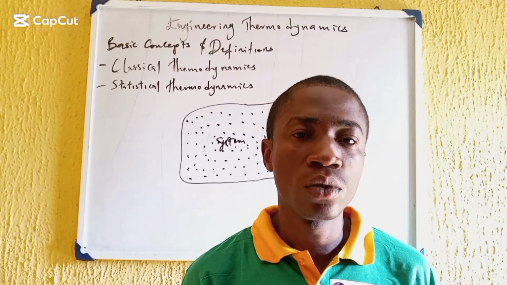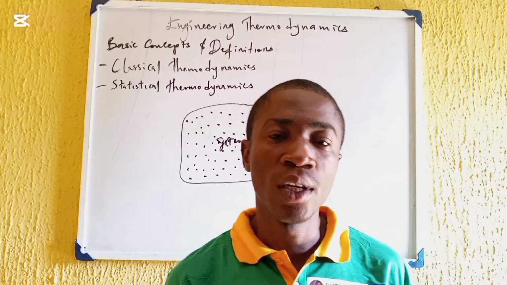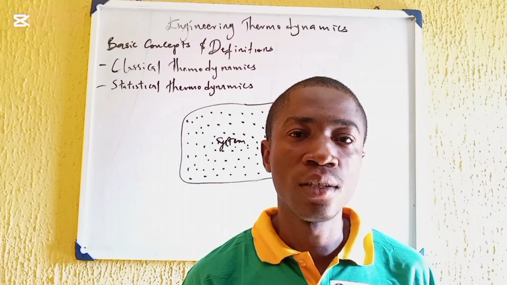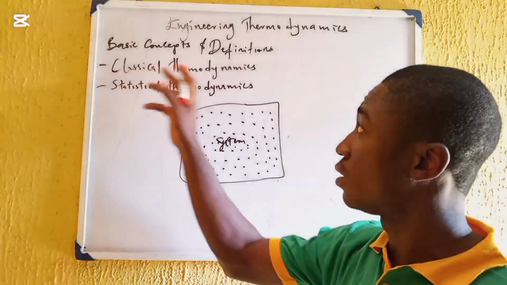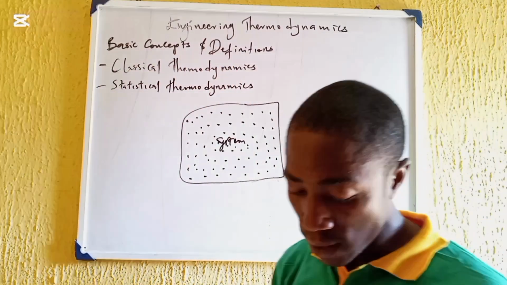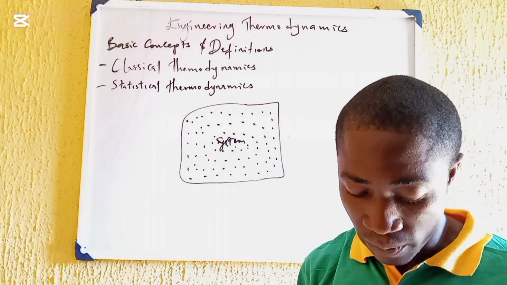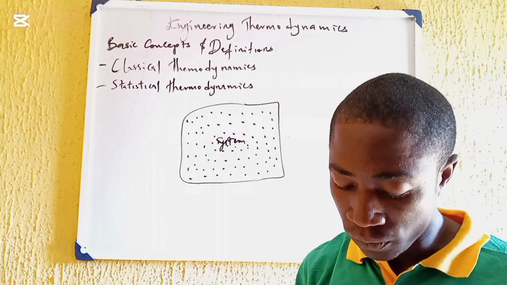So the first thing we want to look at is the two different approaches to thermodynamics. We have the classical thermodynamics and we have the statistical thermodynamics. So what's classical thermodynamics? It is an approach to thermodynamics that is concerned with gross or overall behavior.